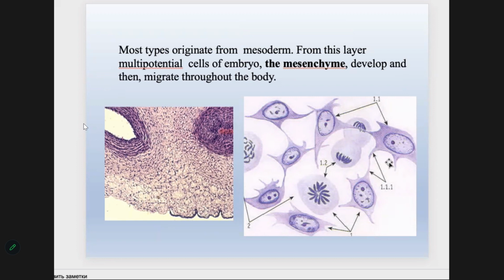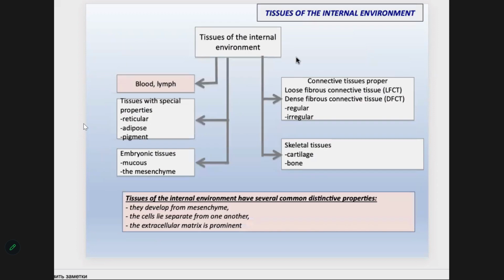Mesenchymal cells have long processes, do not create intercellular contacts with each other, and migrate throughout the body of the embryo to form different kinds of tissues. So mesenchyme is the main source of embryonic development of all tissues of internal environment.